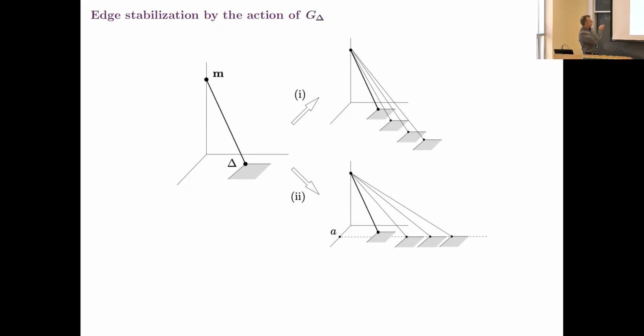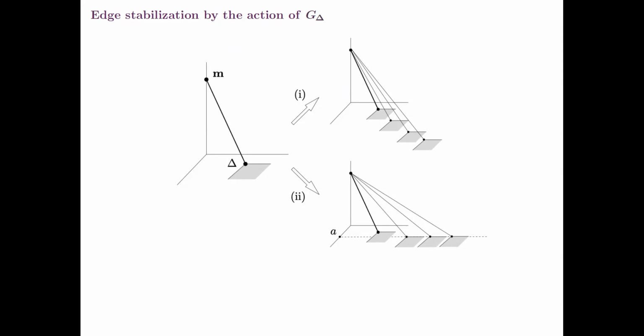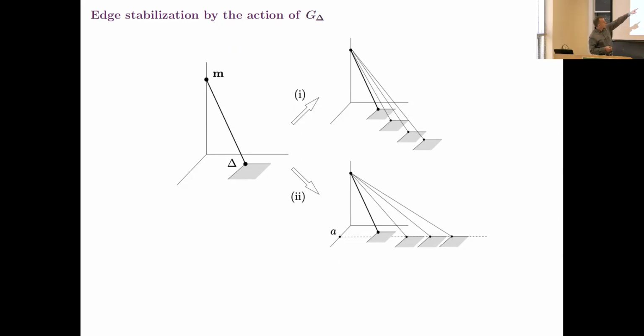So the idea is the following: if the edge is not stable, there is a map of the form that I showed before, which will move this edge. Whenever it moves this edge, what will appear is an edge which is still a little bit farther, right? There are two ways in which an edge can be farther away in this case, either by going to infinity in the way that I showed in the first case, or in the second case.